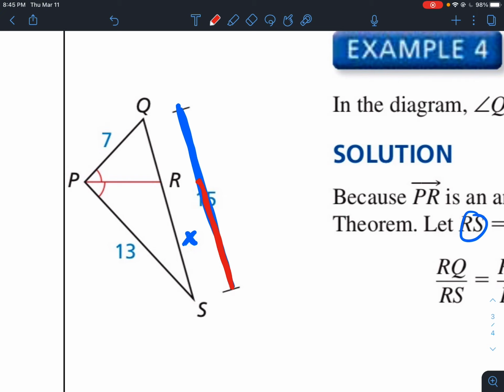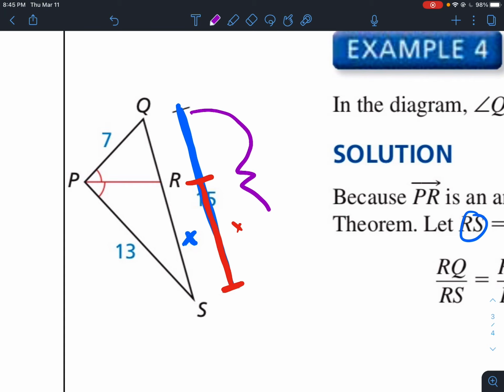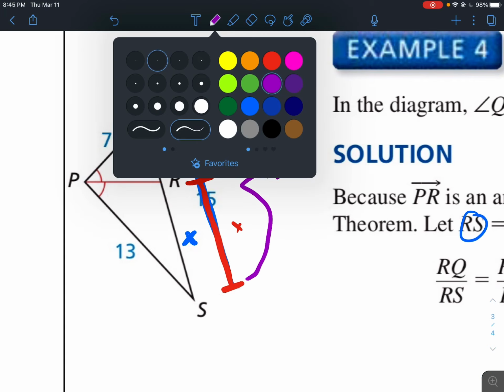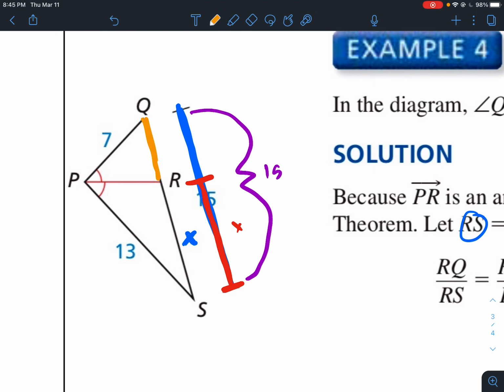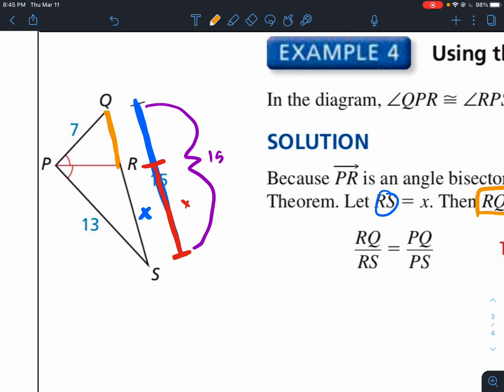If we subtract this distance x from this distance right here, which is 15, then you'll be left with the distance of QR. So that's why we say RQ is equal to 15 minus x.